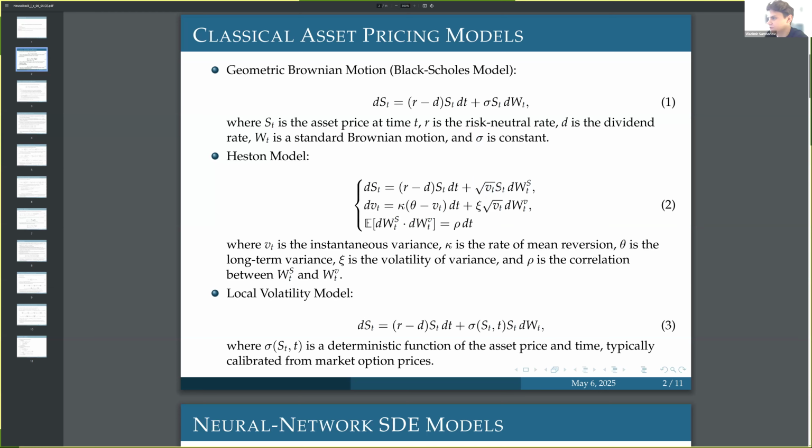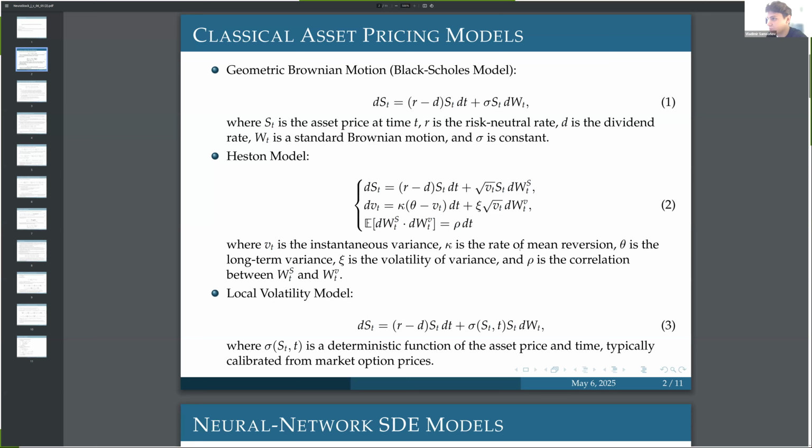You can see that volatility is also modeled by a stochastic process where we have the long-term variance, the long-term volatility coefficient, and the volatility of the volatility. Xi is the volatility of V. So we have a two-dimensional stochastic process where these two Brownian motions have a correlation equal to rho.